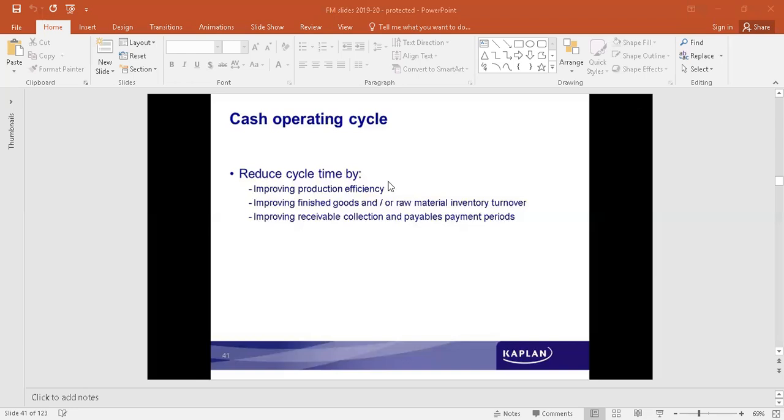So as quickly as possible this material has to be sold, then the amount has to be collected from the customers as early as possible, and payments delayed as much as possible.